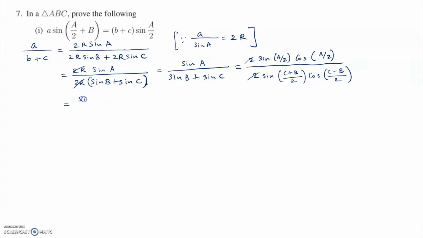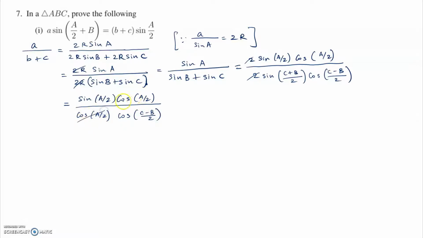So, this becomes sin (A/2) into cos (A/2) divided by sin (C plus B)/2, which will now become cos (A/2), we have seen that in the previous sum, into cos (C minus B)/2.